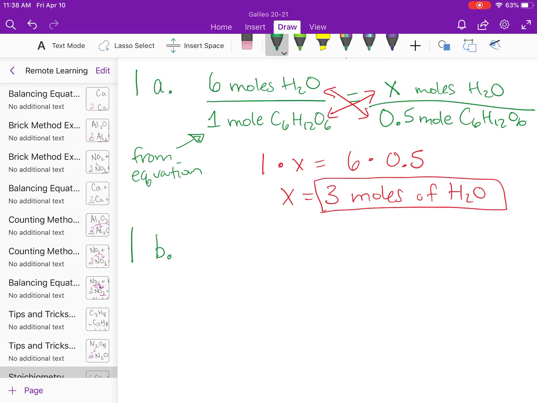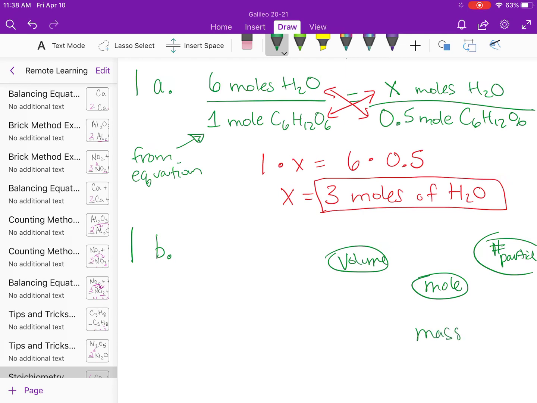Okay, so if you go ahead and look back at the elaborate, you see that conversion chart, remember, where it has mole in the middle, number of particles up here, it's got volume over here, and it's got mass down here.